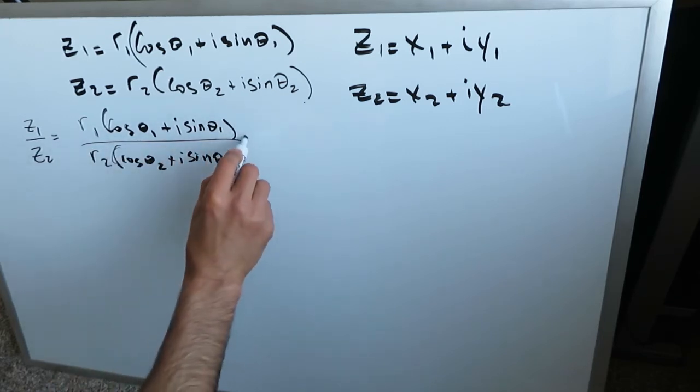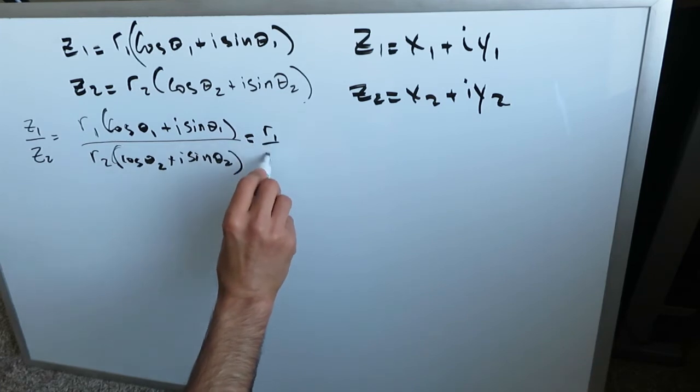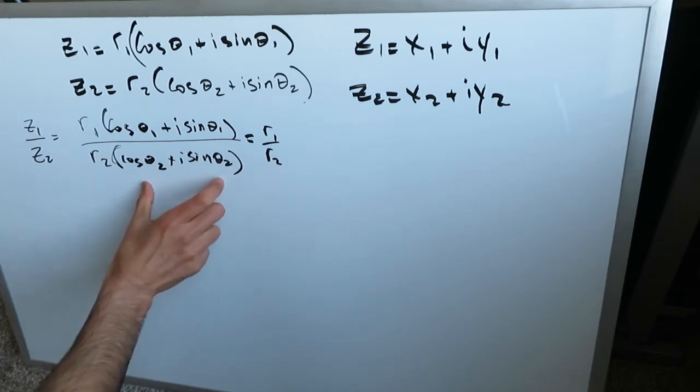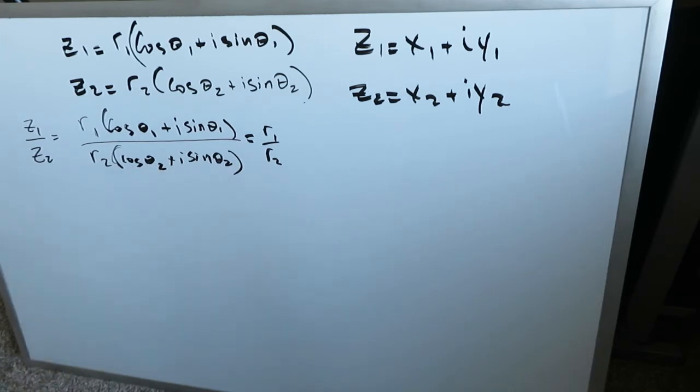You can individually separate R1 and R2 and just say R1 over R2. Now what you have to do is a process called rationalization. You got to rationalize this to eliminate the denominator. Remember, you can rationalize radicals, and as I've shown you in the previous video, you can rationalize complex numbers.